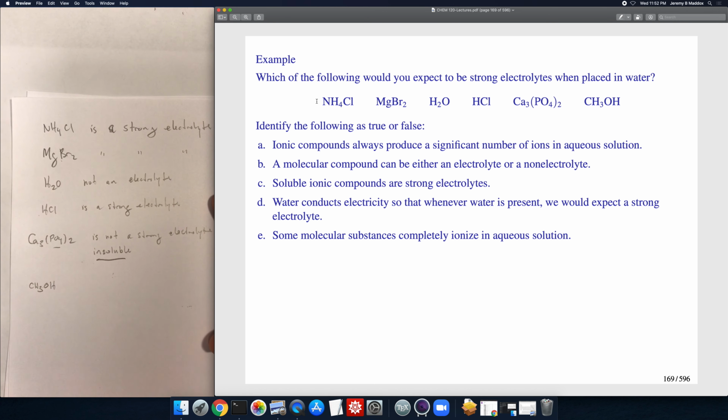CH3OH. This is an alcohol. It's not a hydroxide, and that brings me to this point here. So I wanted to point out the difference between hydroxides and alcohols. Hydroxides contain a metal and the OH group. We might also have calcium OH2.